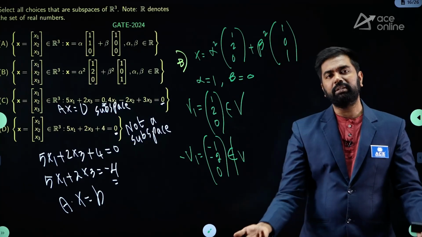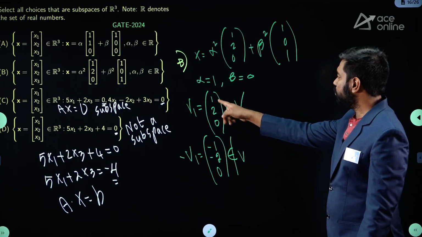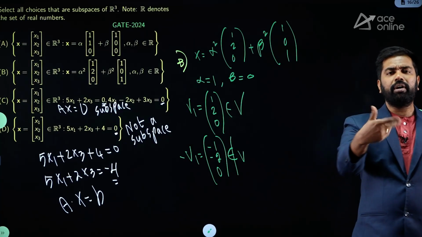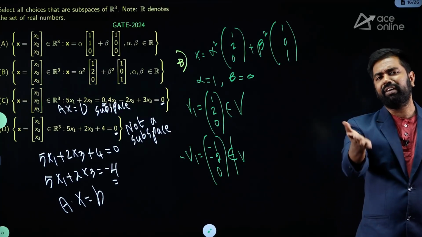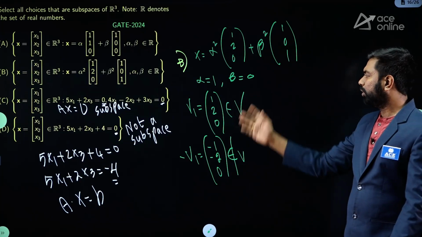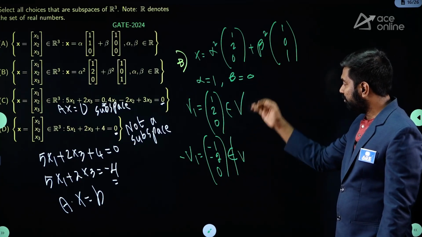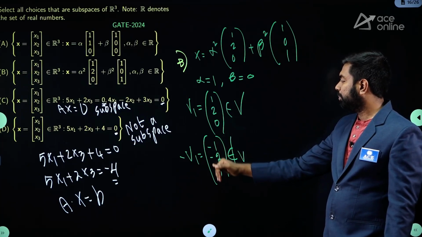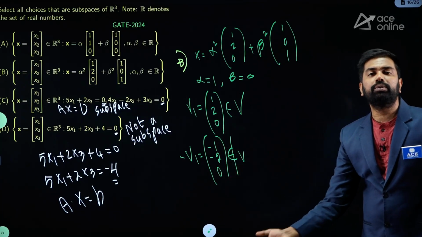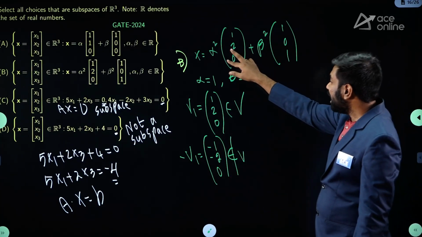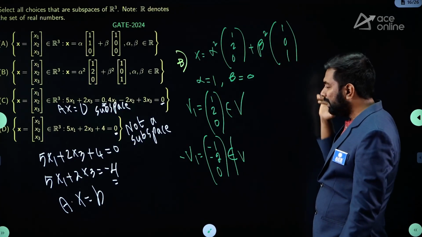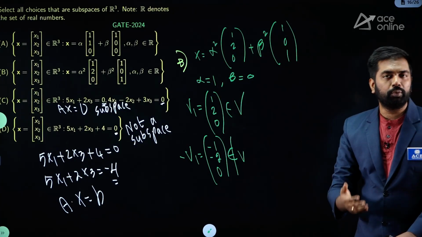Now you provide me some alpha values, sir. If someone says 1, 2, 0 is a part of V, I can provide alpha and beta: take alpha as 1, beta as 0, you get 1, 2, 0. Same way, can you provide the values of alpha and beta which give the vector minus 1, minus 2, 0? Such values do not exist. The reason is that you have alpha square and beta square.